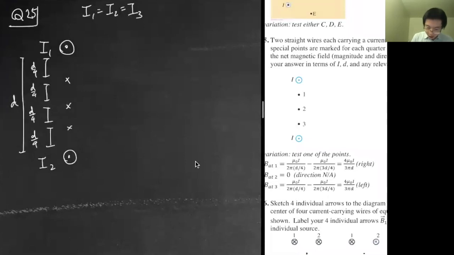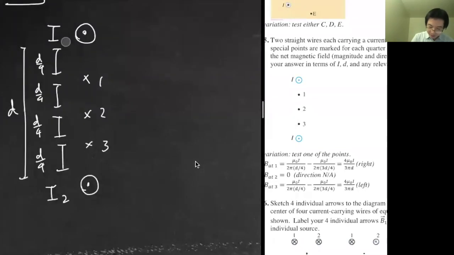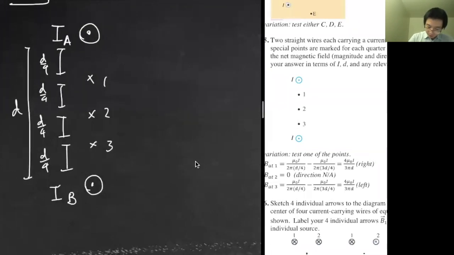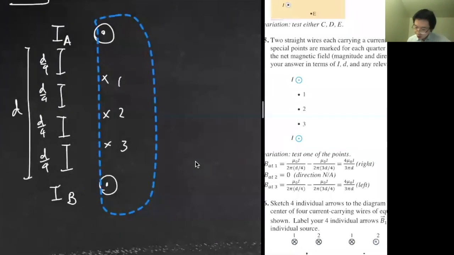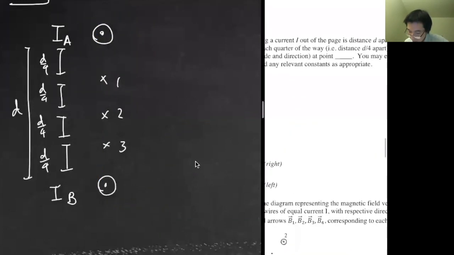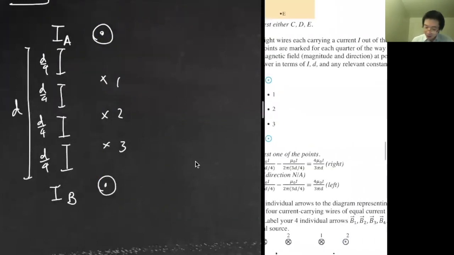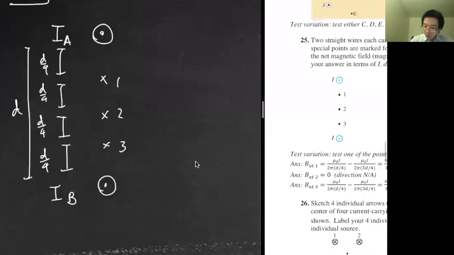Location, that's a bad idea. I'll call the locations 1, 2, 3, and I'll call the currents A and B. You want to find the net magnetic field, magnitude and direction, at each of the points. Let's do number 1 first.